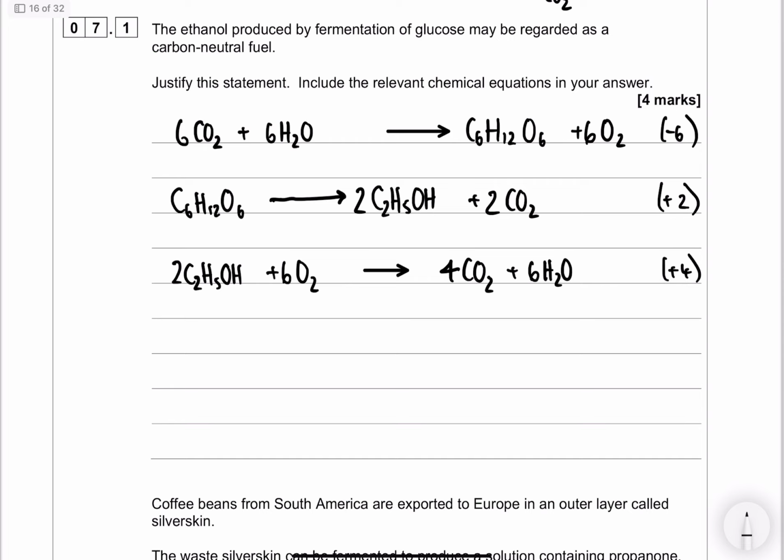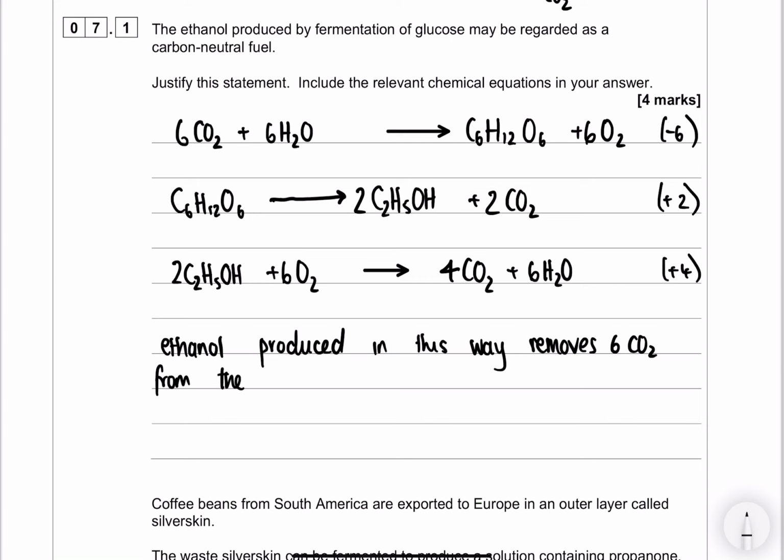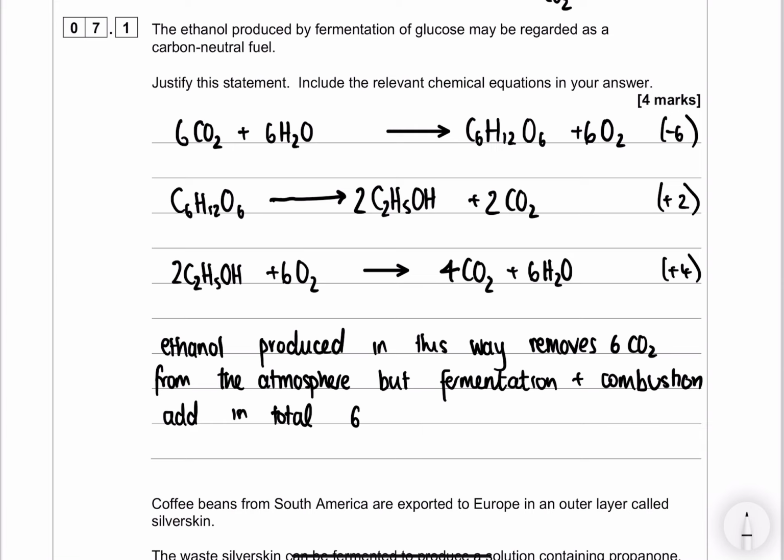So ethanol produced in this way removes 6 CO2 from the atmosphere, but fermentation and combustion add in total 6 CO2.